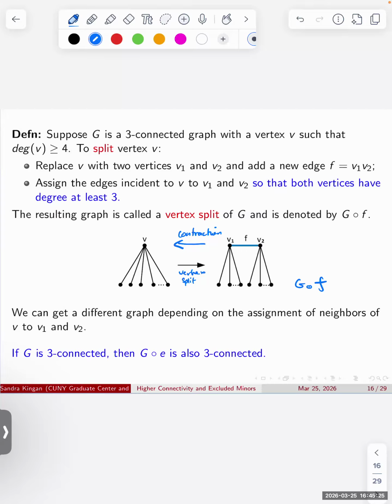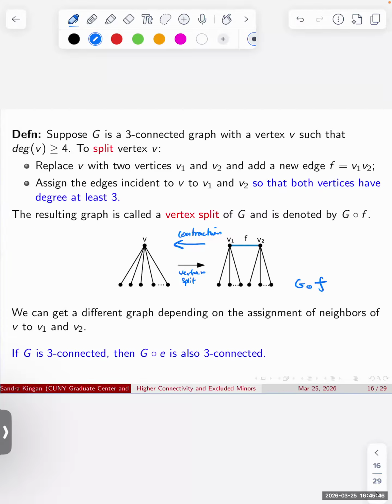We need a notation for G plus E, and we need a notation for this operation, and we are going to use G little circle F. If you can think of a better notation, I'll be happy to hear it. I've got about 5 or 6 papers using this notation, but it's never too late to switch to a better notation.